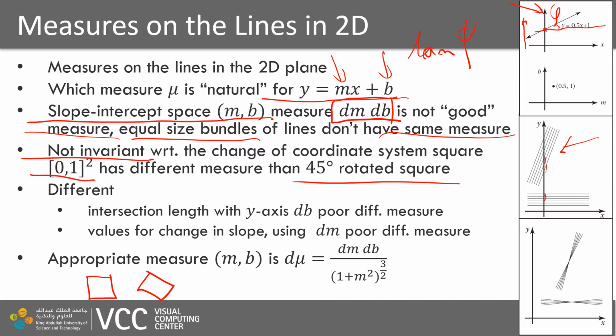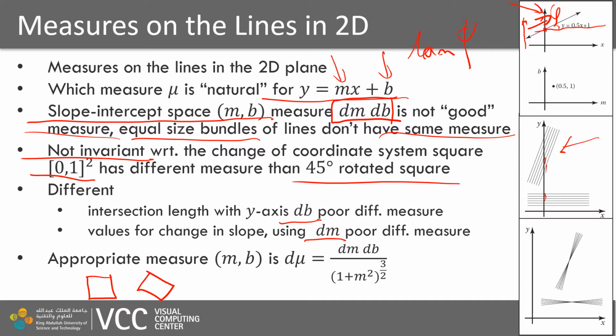As I said, dB can be corrected with the sine term, actually with the cosine term of phi, not sine, cosine, and the slope can also be corrected.